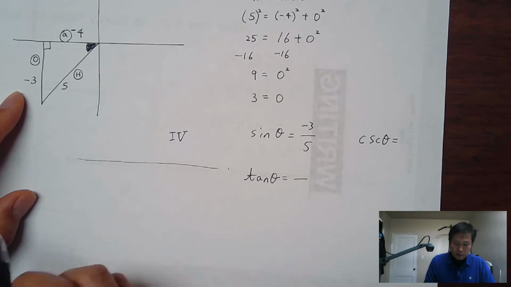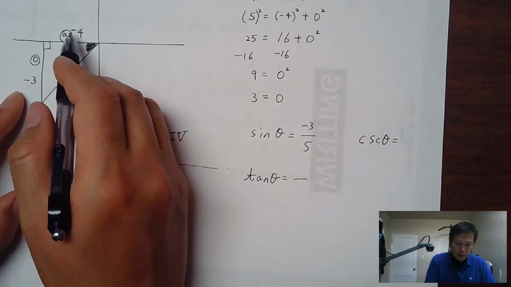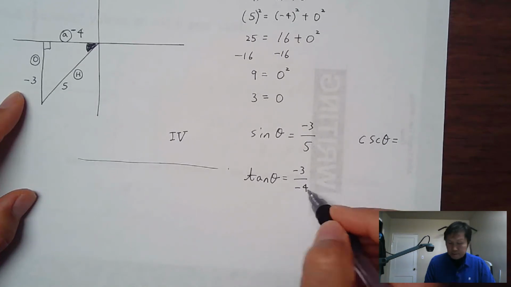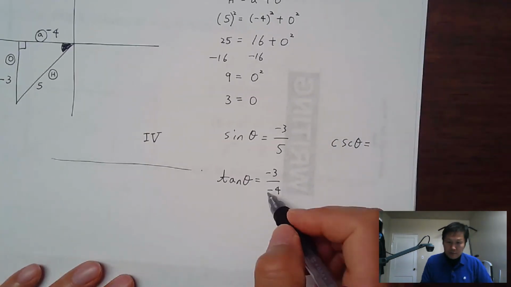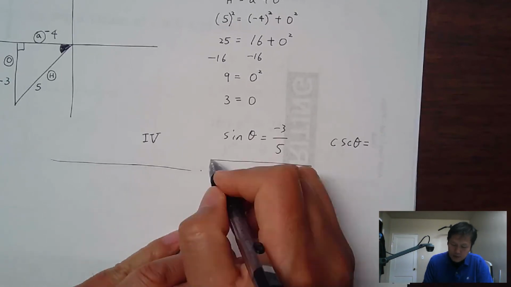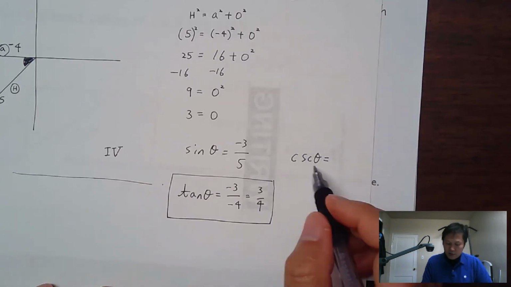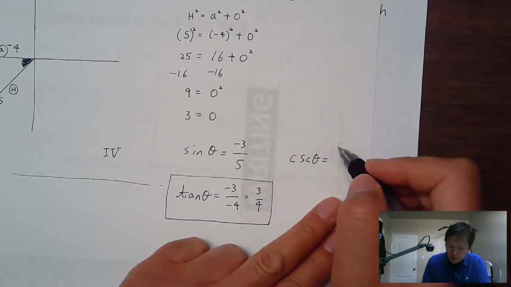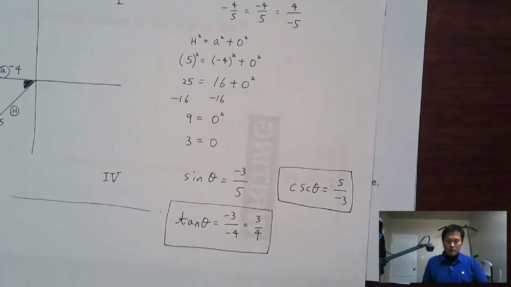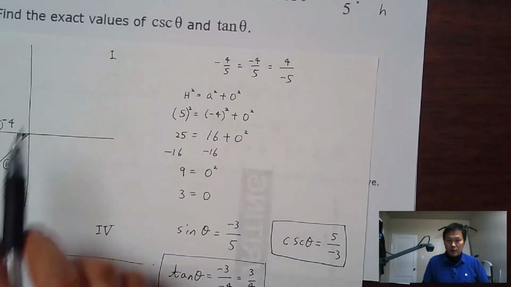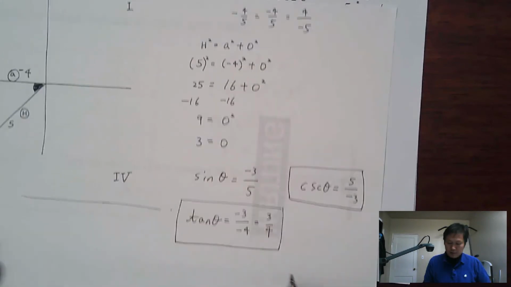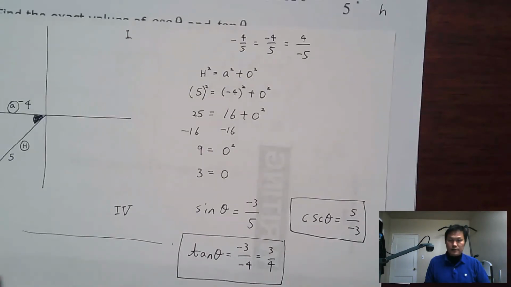Tangent is opposite over adjacent, -3 over -4. Minus minus becomes positive, so tangent theta is 3/4. And cosecant theta is the reciprocal of sine, so flip it: 5 over -3. That is the final answer. Cosecant theta is 5 over -3, tangent theta is 3/4.